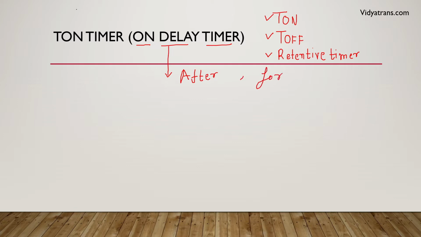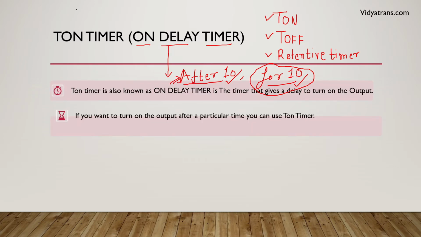If you want to turn on the output after 10 seconds, or you want to turn on your output for 10 seconds, it gives you a delay to turn on the output. So this is basically an after timer. If you want to turn on the output after some time, you can use the T-on timer, or it can work just like this also. I will tell you. First of all we will discuss this, after 10 seconds.